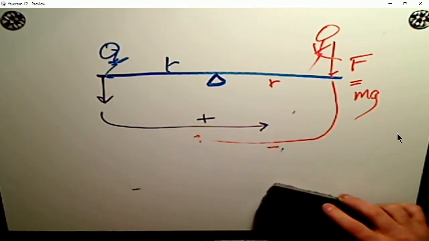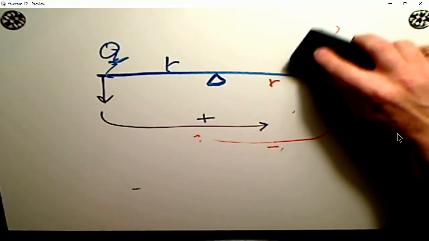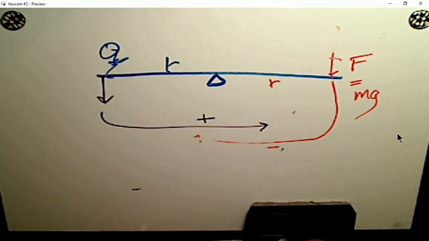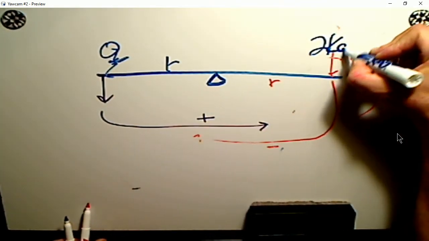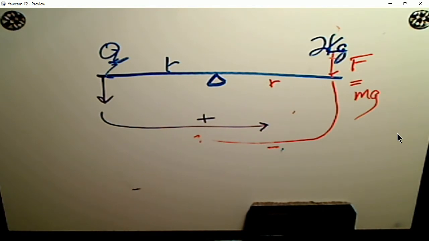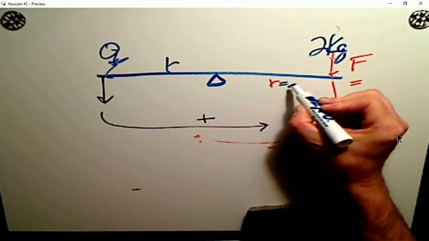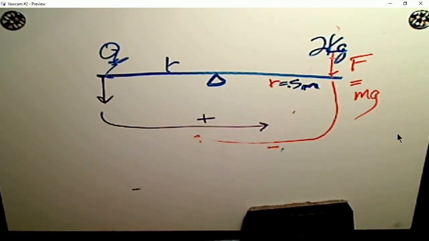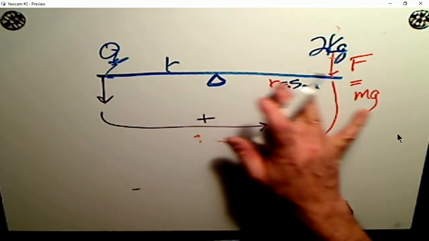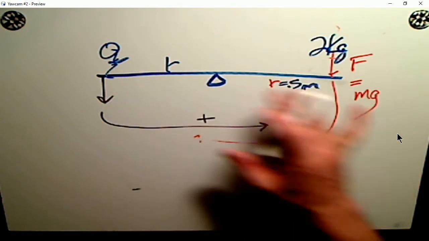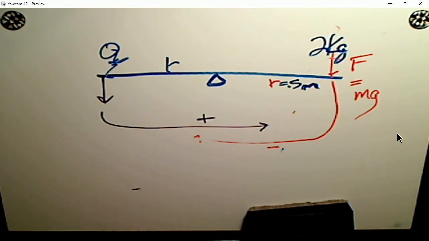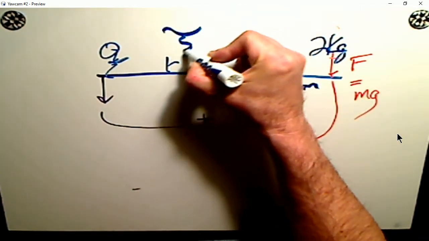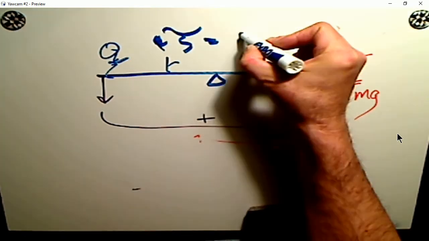Say we have a 2 kilogram weight, and it is 0.5 meters away from this fulcrum. And let's not worry about the mass of the bar. Let's just say it's evenly distributed. And we want this to balance. So to have it balance, of course, we want the summation of all the torques to be equal to 0.